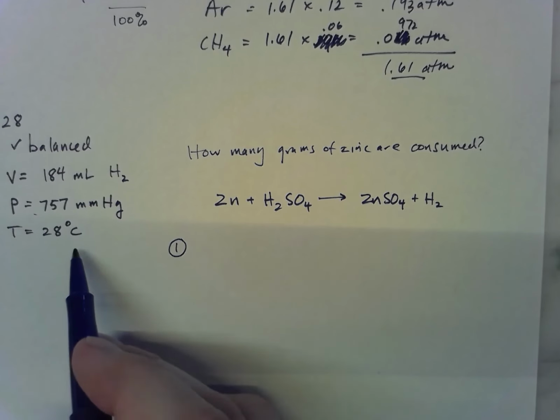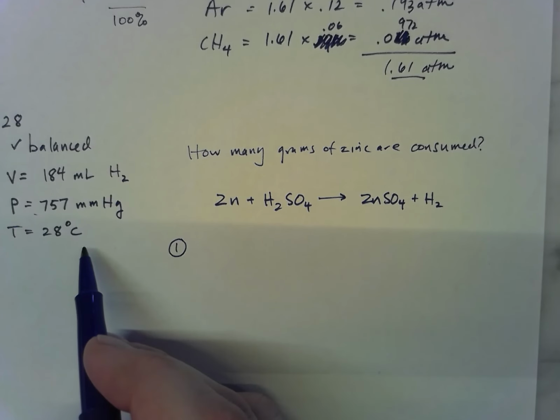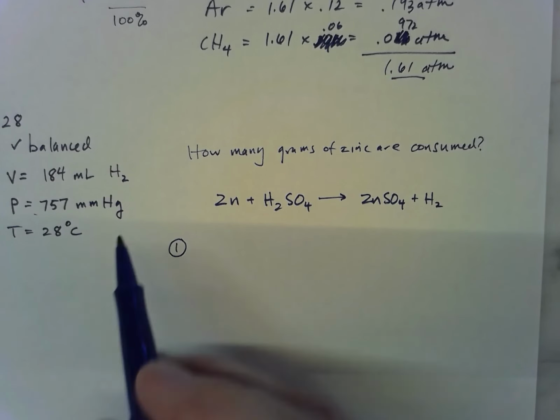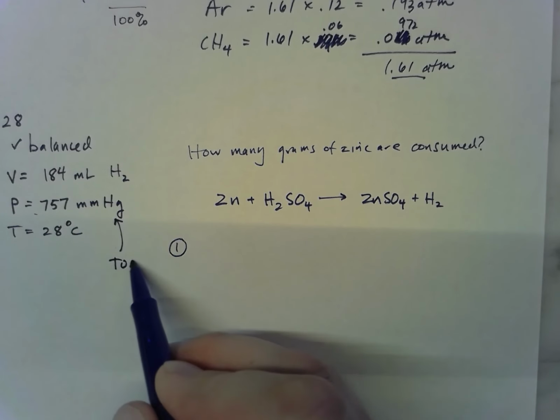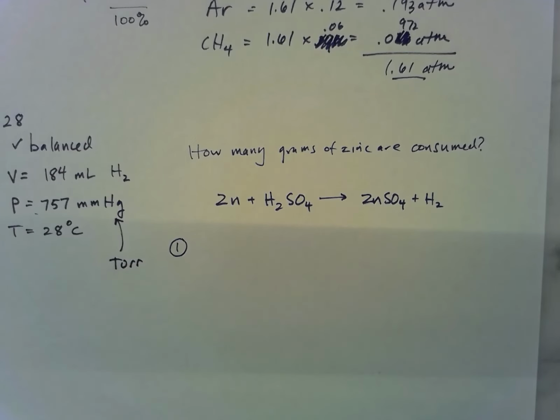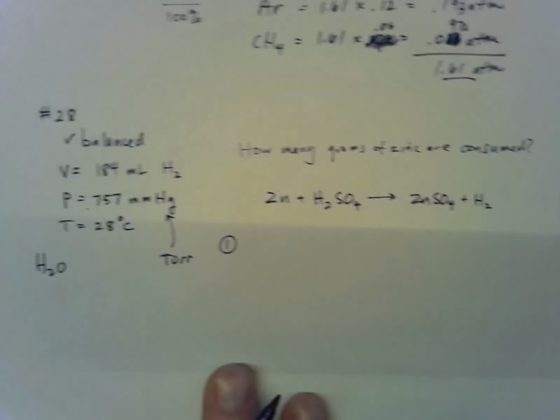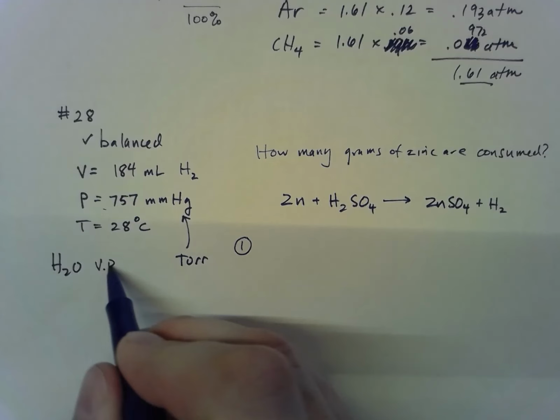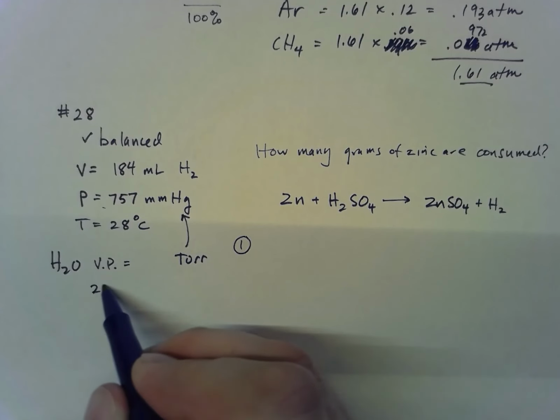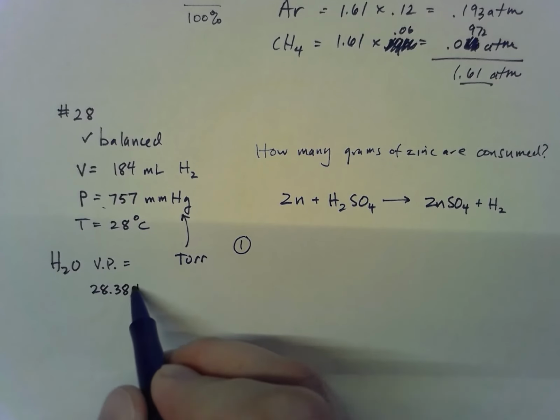We're at 28 C. And we're in millimeters Hg, which is the same as torr. All right, so millimeters Hg is equal to torr, something you need to figure out. Okay, we've talked about it, but it's not super easy there. All right, so we're going to say H2O vapor pressure is equal to 28.38 torr.